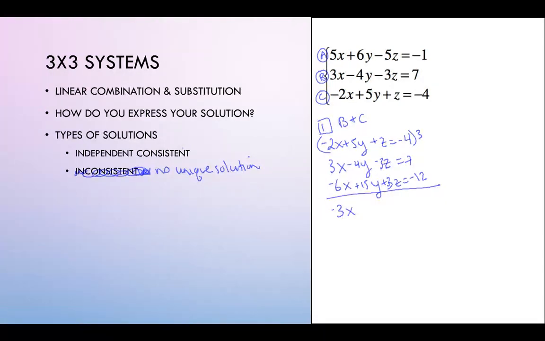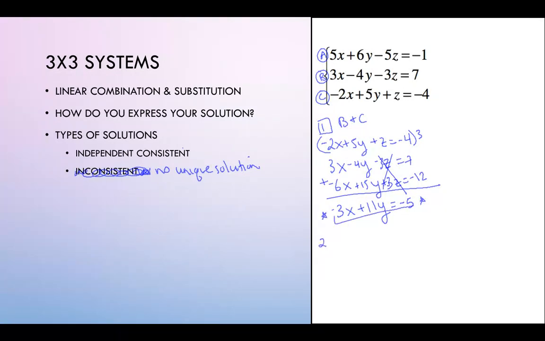Negative 4, I'm adding, right? Negative 4 plus 15 is going to give me 11y. These go away. 7 plus negative 12, or 7 minus 12, negative 5. And I'll star that. And I'm going to come back to that.